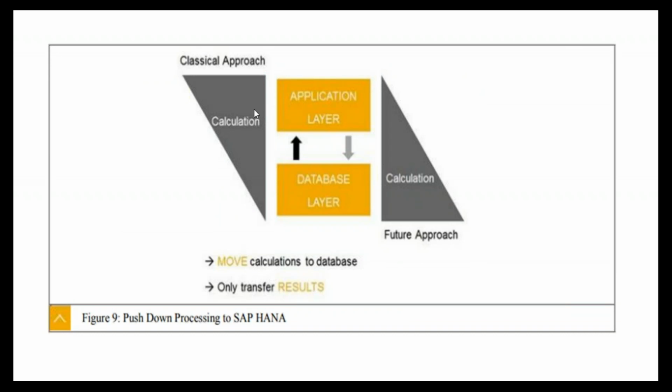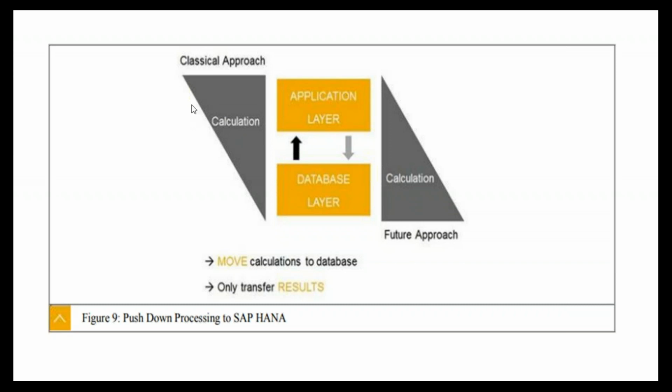So for example, if you have written an ALV program or a normal classical report program, and you want to modify something, like deciding the country based on the city, those kinds of small things, you would write the logic in the ABAP code, and that ABAP code processes the entire thing in the application layer.